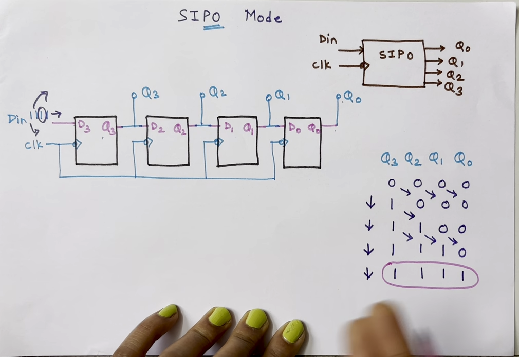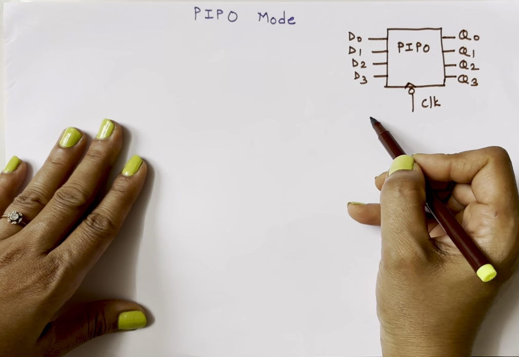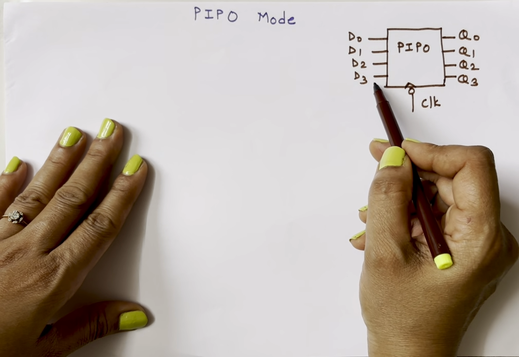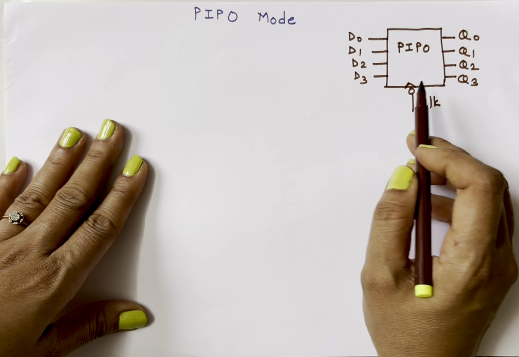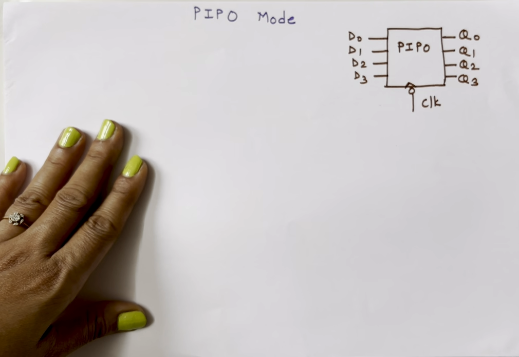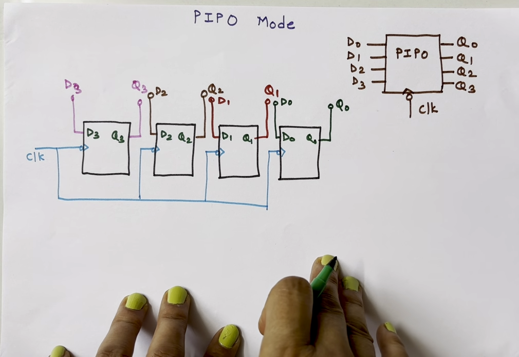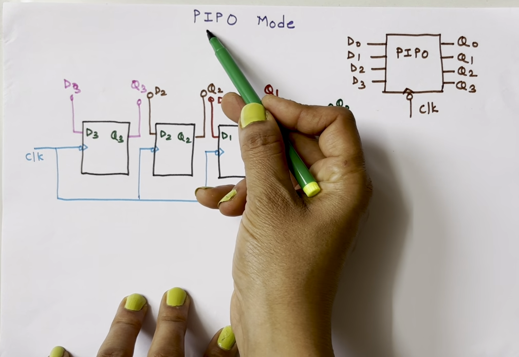Now let's talk about parallel in, parallel out. So see here, data enters parallelly. So 4 separate inputs are available, 4 separate outputs are available, and 1 clock input is available. Now let's draw the diagram using flip-flops. Here I have taken 4 flip-flops and data enters parallelly.